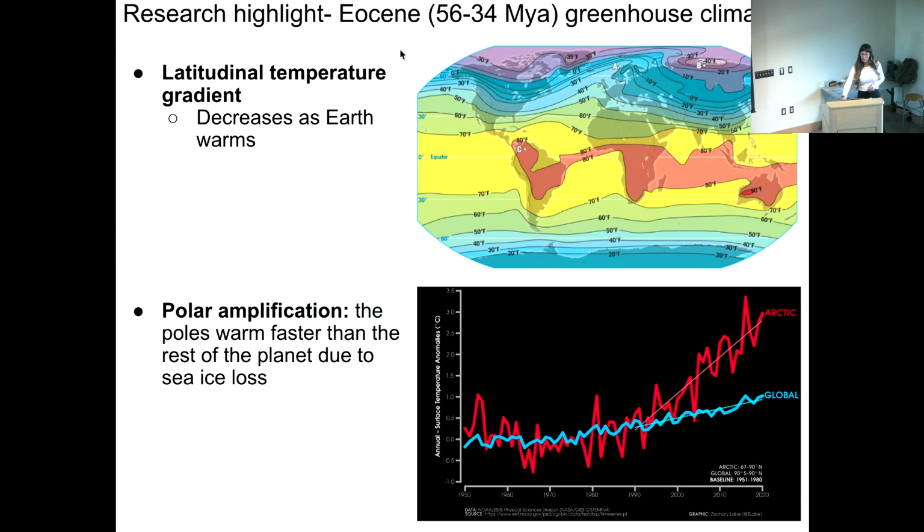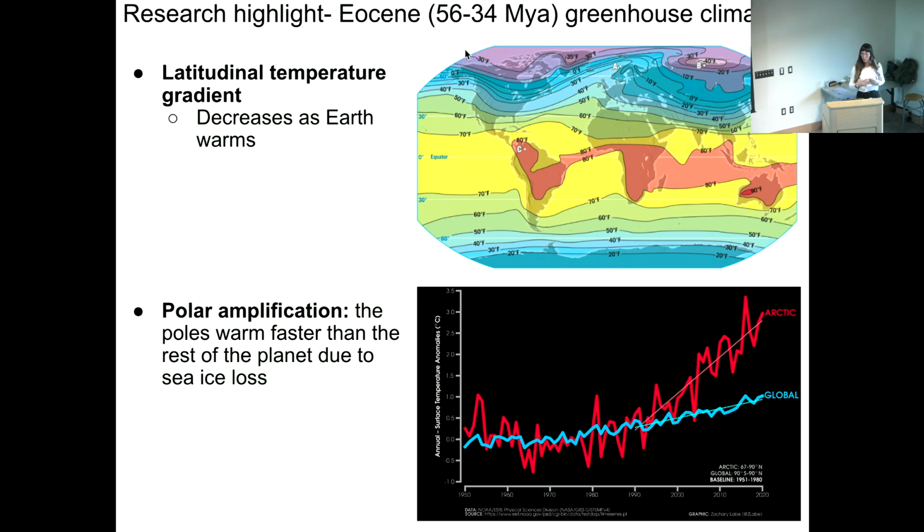And what they wanted to understand is that during this very warm greenhouse climate, how did this affect what's called the latitudinal temperature gradient? So if you look here at this map, this is the way that our temperature changes across the Earth going through different latitudes. So here at the equator is 0, and then starting at about 66, that's the polar latitudes.